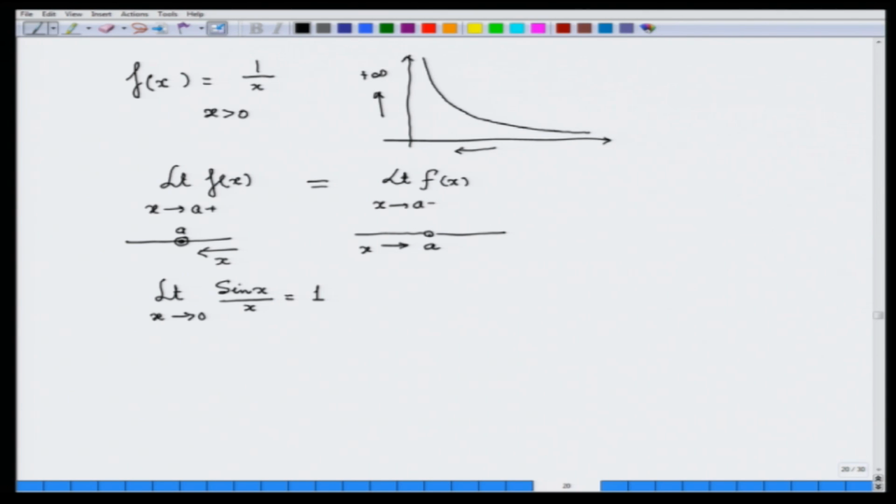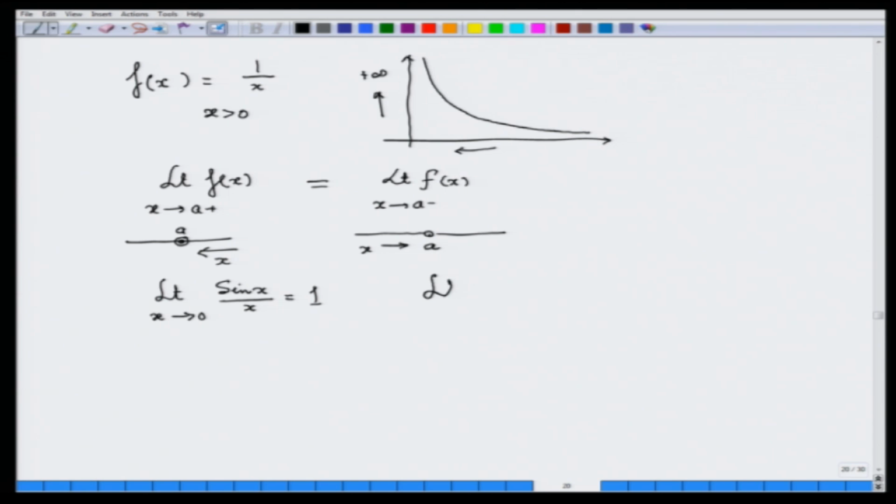So, 0 is not in the domain of this function, and that is why you cannot say that this 1 is equal to f of 0, or sin 0 by 0, because sin 0 by 0 has no meaning. So, this is an example where the function value can approach a limit when it is approaching a given point a, 0 in this case, but that point a might not be in the domain of the function. This is something you have to keep in mind.